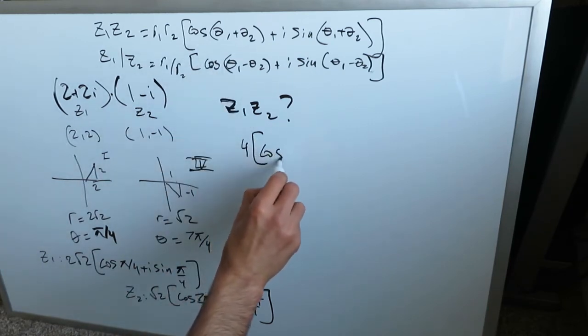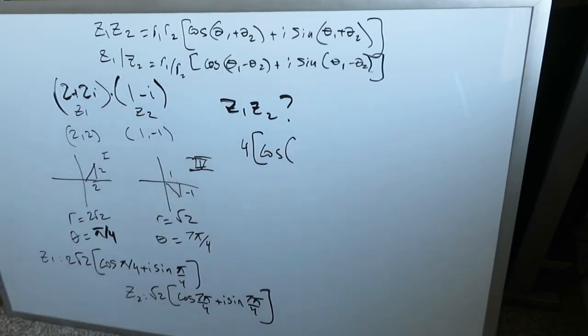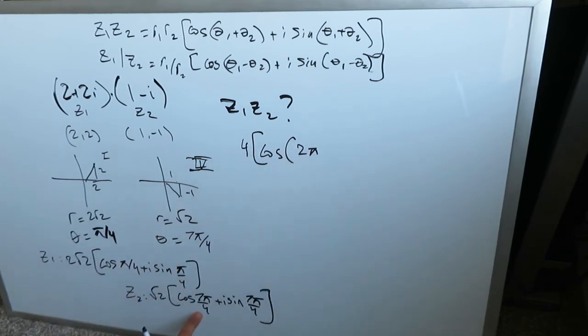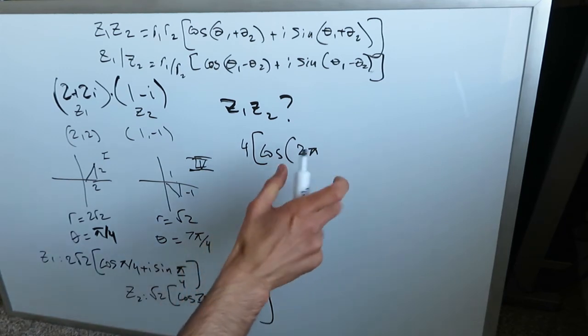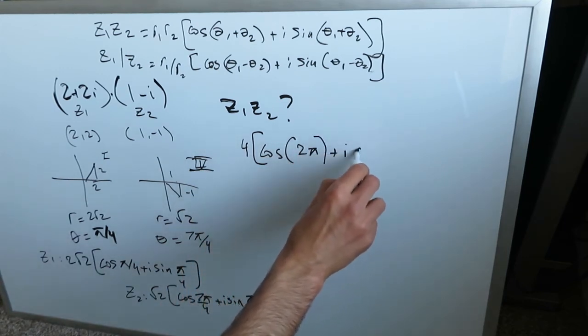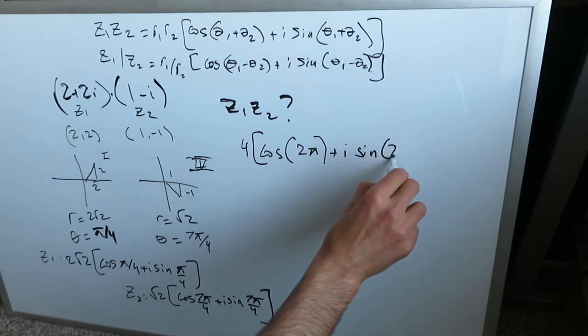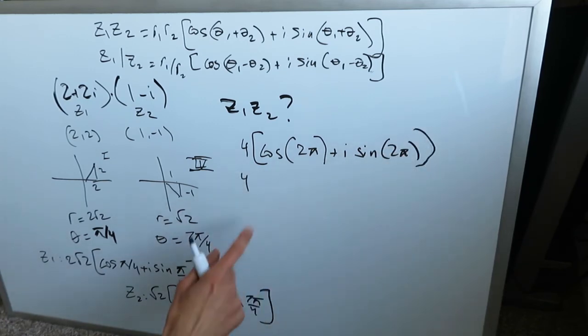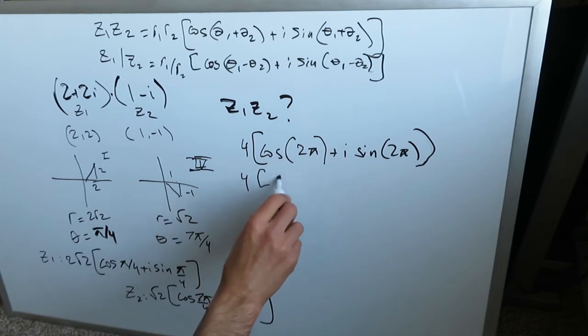Now we have to add the angles. Pi over 4 plus 7 pi over 4 is going to give me 8 pi over 4, which is 2 pi. See, 45 plus 315 gives you 360. Cosine of 360 plus i sine, of course, exactly the same. The result is obtained over there. Now you've got to open it up. Cosine of 360 is always 1.